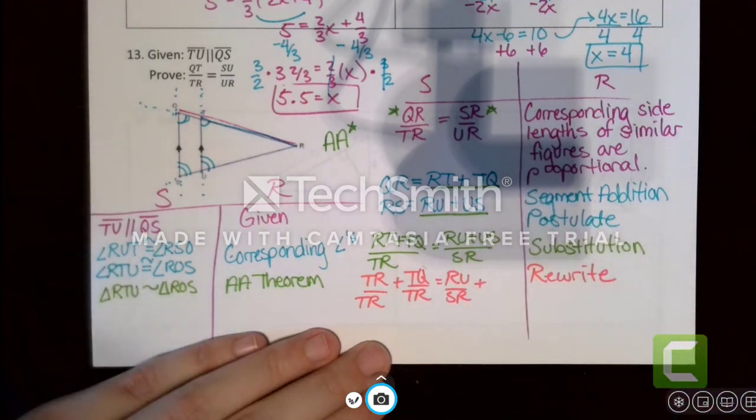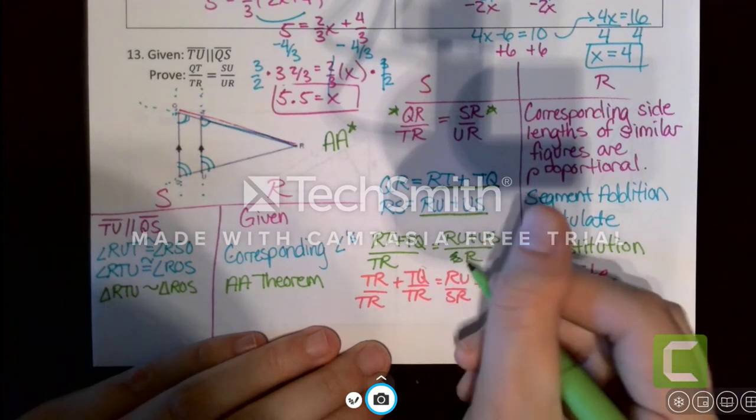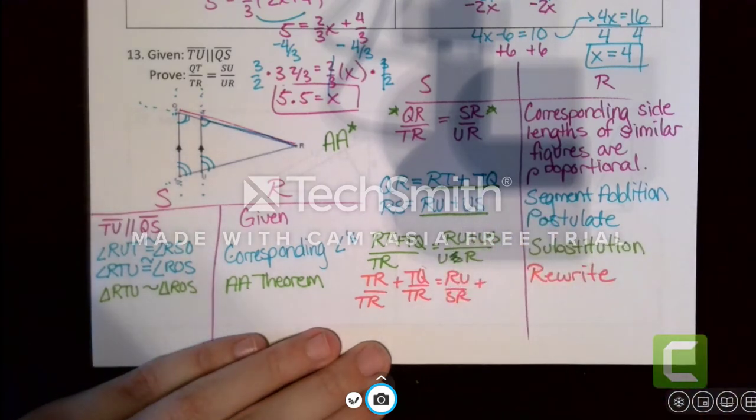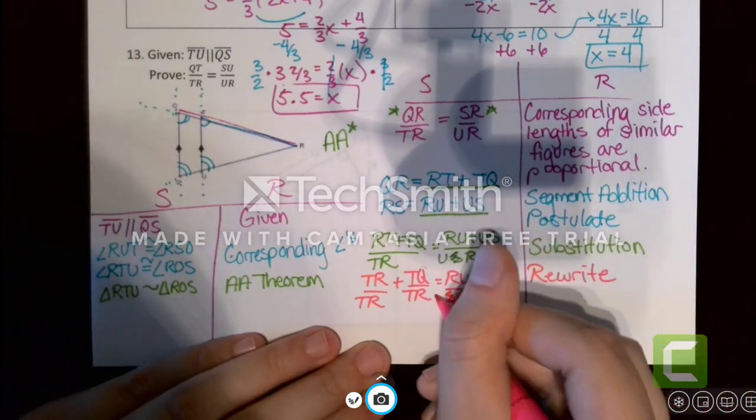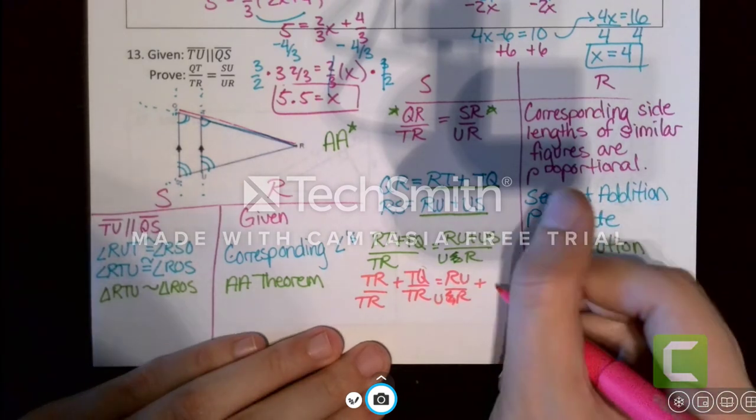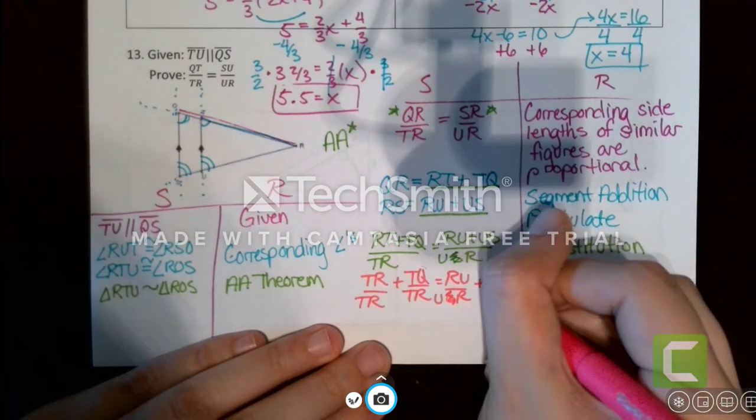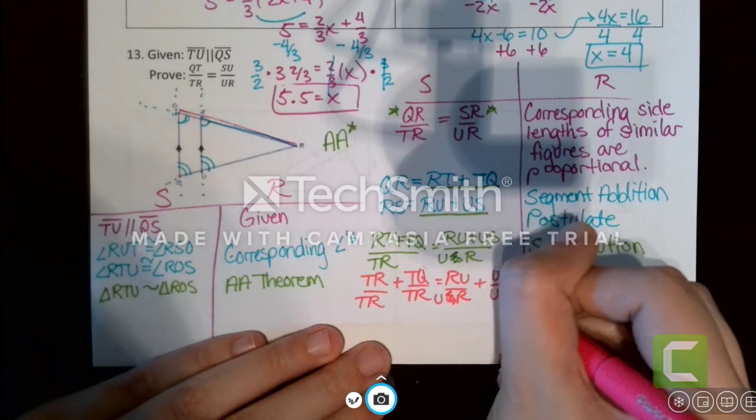Found the mistake. The bottom right here should be UR, and the bottom right here should be UR. Plus US divided by UR.